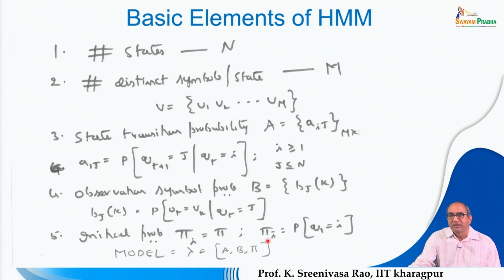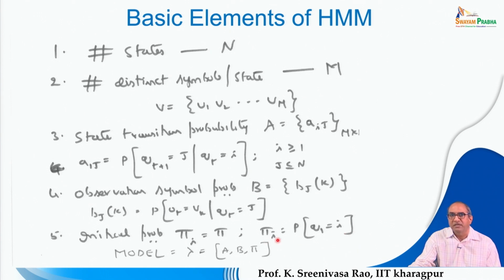It means that the system is in state i as its initial state. It is the probability of Q1, where Q1 is the state at the first instance, that is, the state when the observation symbol O1 is observed, which is one of the states like i.